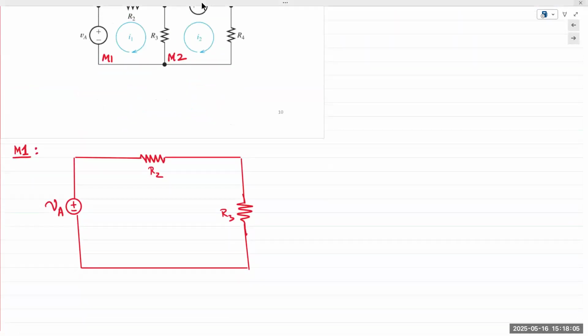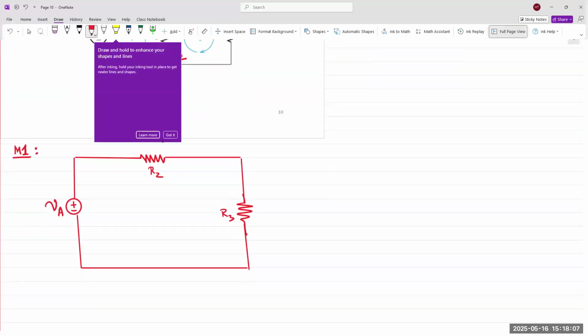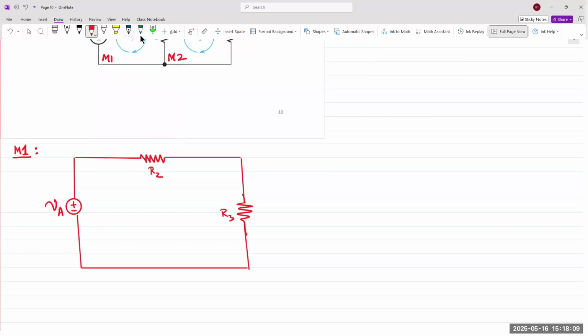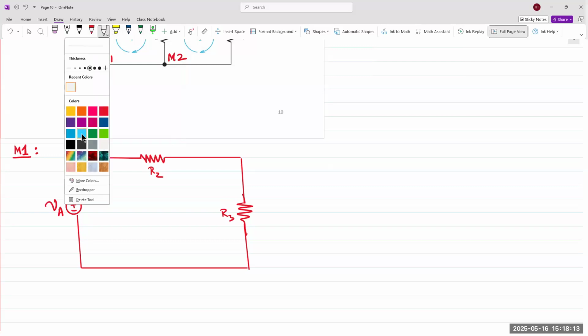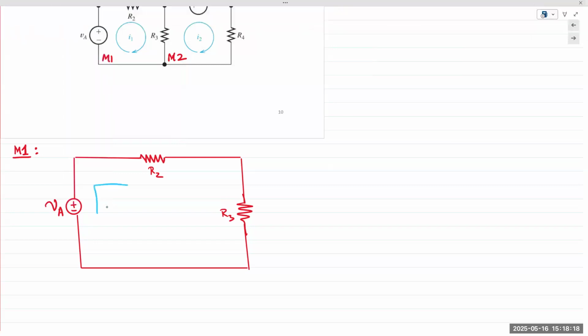And we have mesh current I1 going through this.